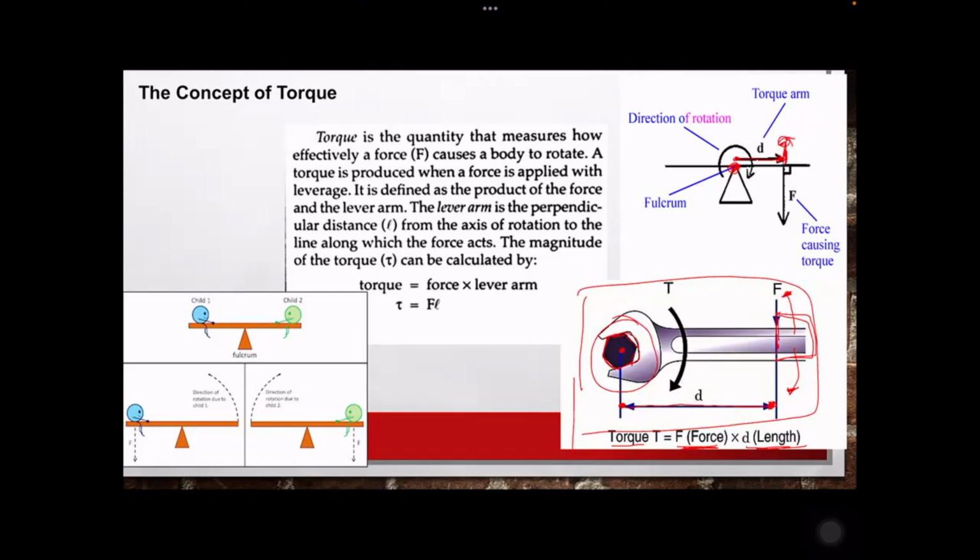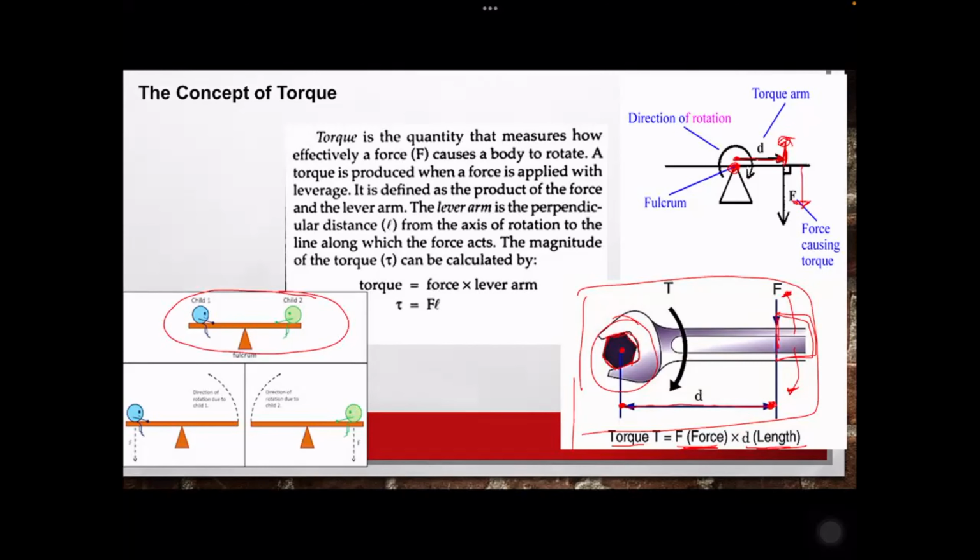Imagine nyo, pag sumakay siya na nag-iisa, di ba yung seesaw ay papunta sa baba? Because of the force or the weight ng bata.